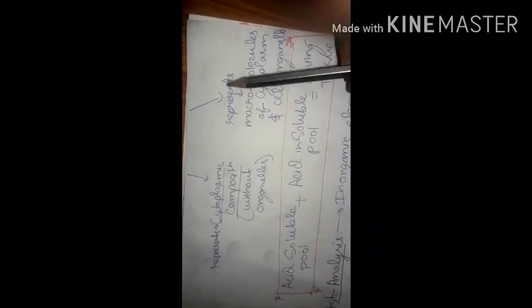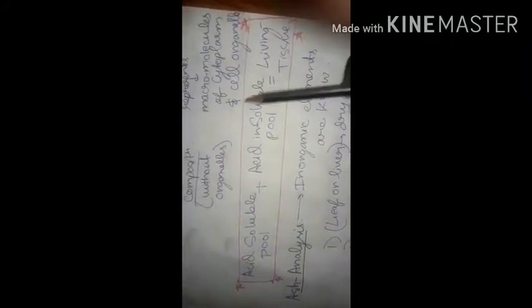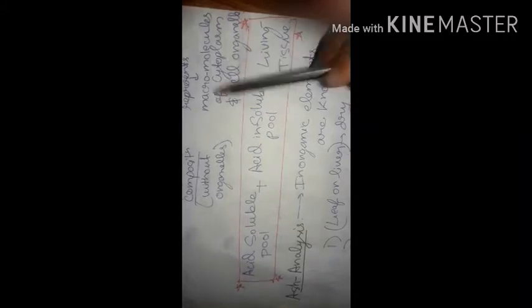But the macromolecules of the cytoplasm and cell organelles come under the macromolecules. So the acid soluble pool plus the acid insoluble pool is nothing but living tissue, because the acid insoluble pool gives the macromolecules of cytoplasm and cell organelles, and the acid soluble pool gives the cytoplasmic composition without organelles.